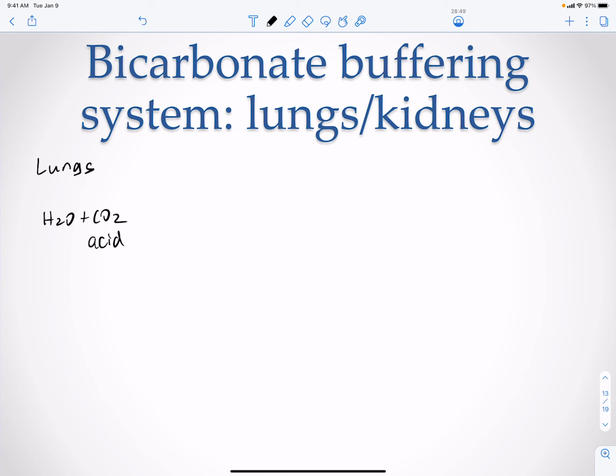And then we're going to have it at equilibrium with our carbonic acid in the kidneys. So what's happening in the carbonic acid in the kidneys is this, again, is going to be at equilibrium with our bicarbonate, which is our base. And then this is going to have, of course, our hydrogen, which is an acid.